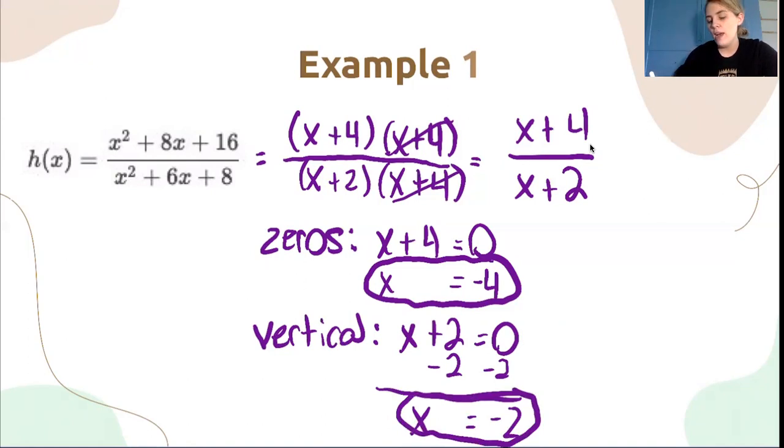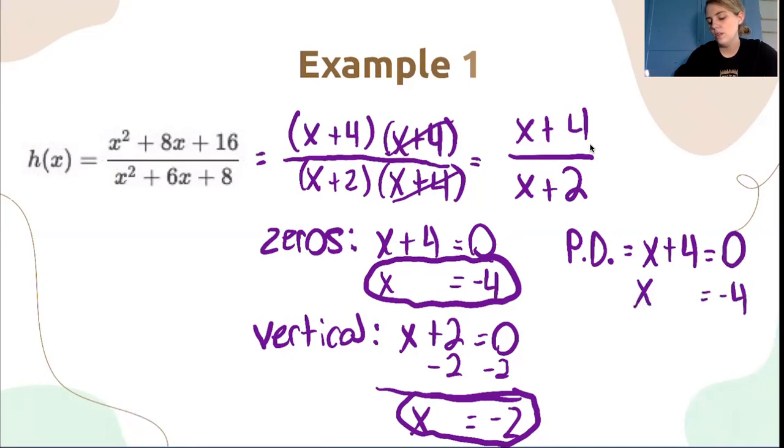Finally, I'm looking for my points of discontinuity. And I'm going to look at which binomials canceled out. And that was x plus 4. So I have x equals negative 4.